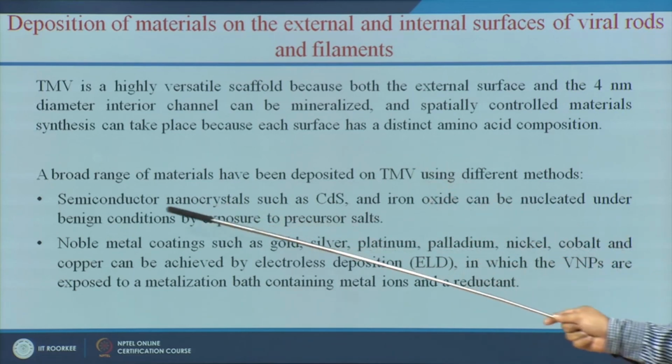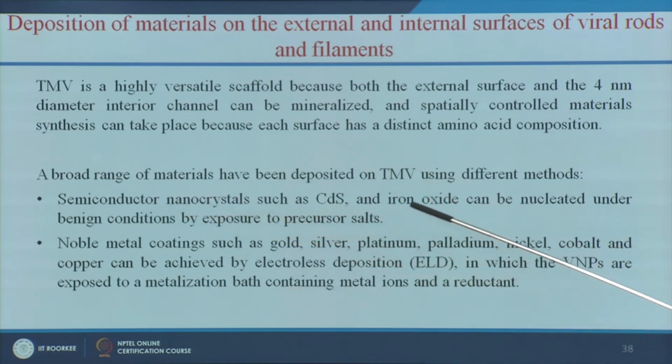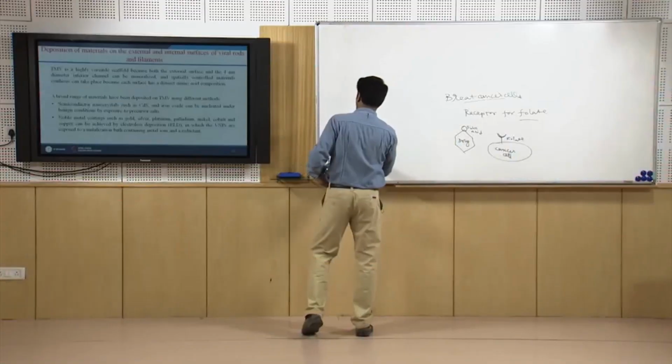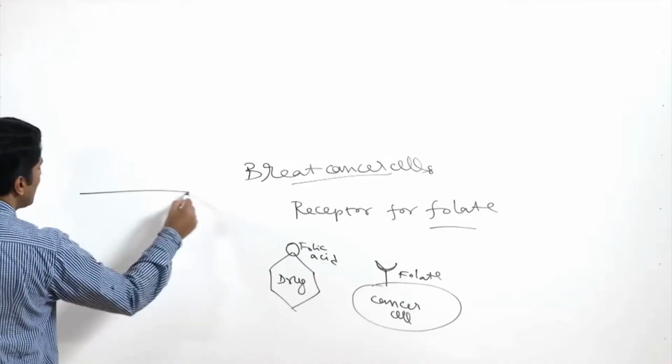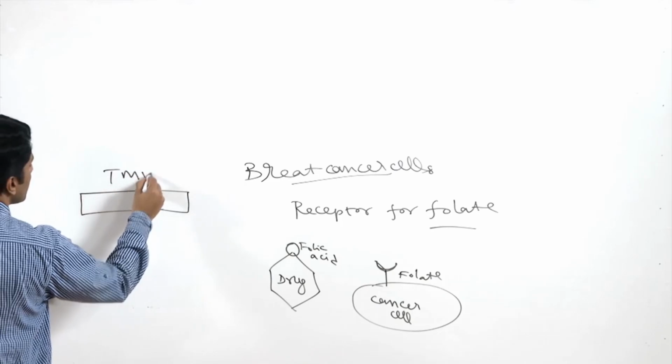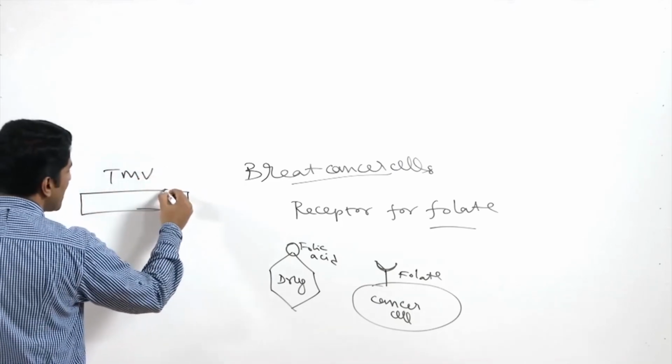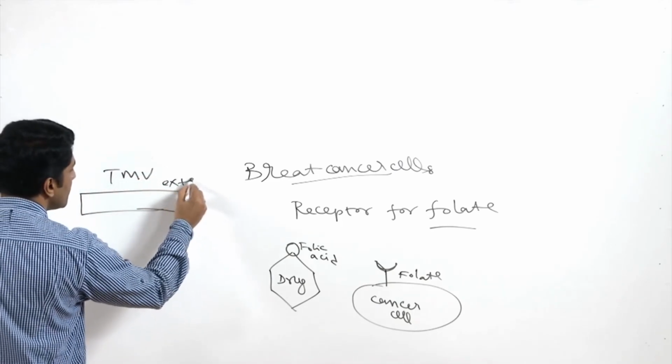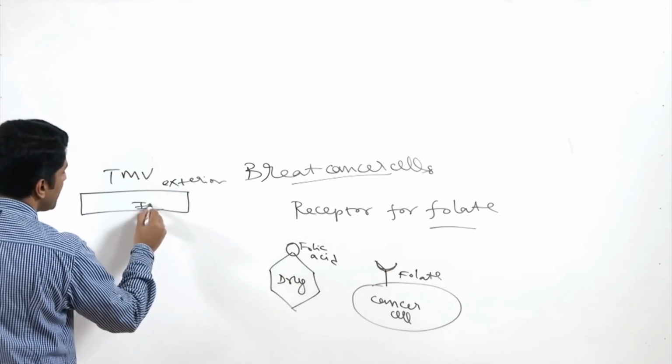For example, you can deposit semiconductor nanocrystals inside the TMV, and outside you can coat different kinds of metal nanoparticles. As I told you earlier, this TMV is a rod shaped virus. So it has a different kind of exterior and a different kind of interior.